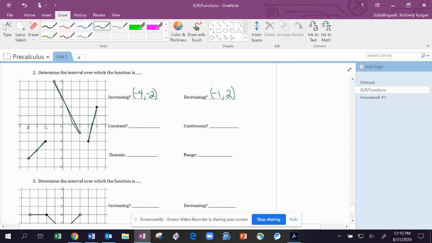And then this third piece, I go back up. So what I'm going to do is put a little union, and I'm going to put from 3 to 4. So what this says is the graph is increasing from x equals -4 to x equals -2, and from x equals 3 to x equals 4. Now realize we don't have any places where the graph is constant.